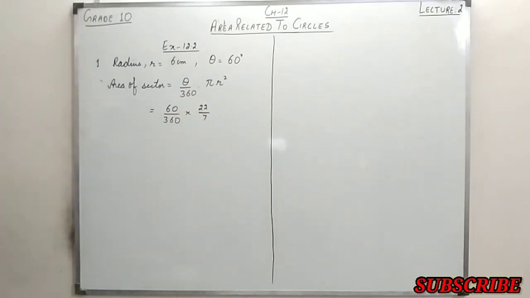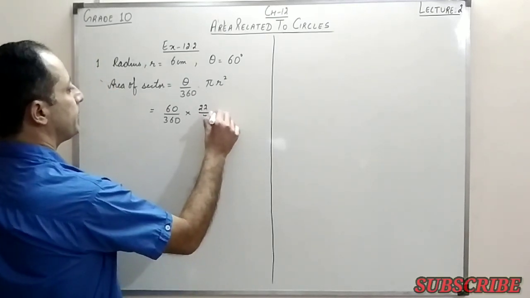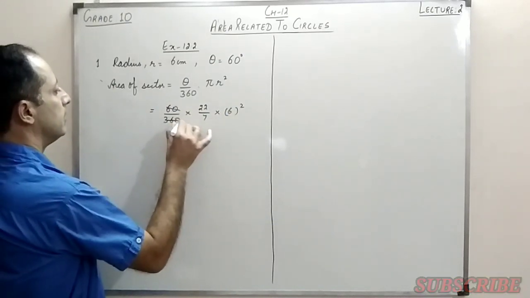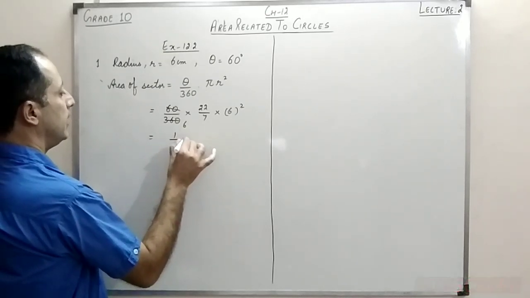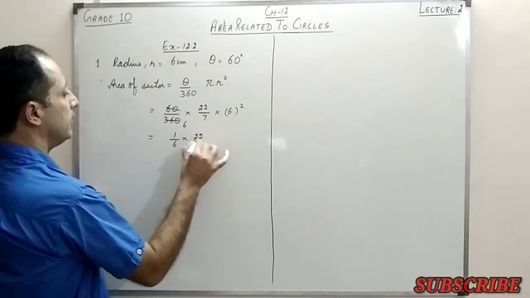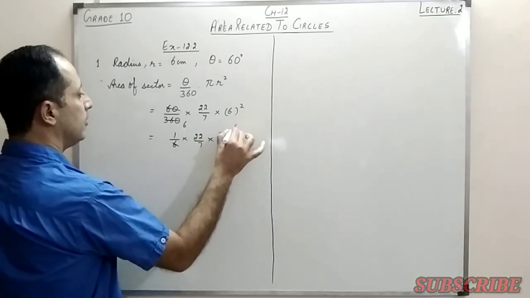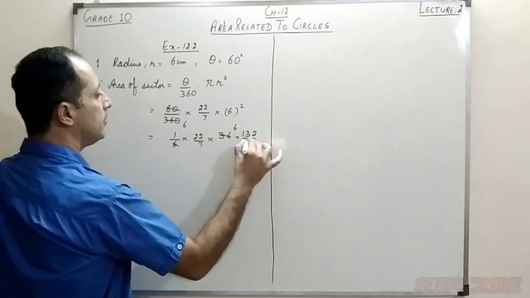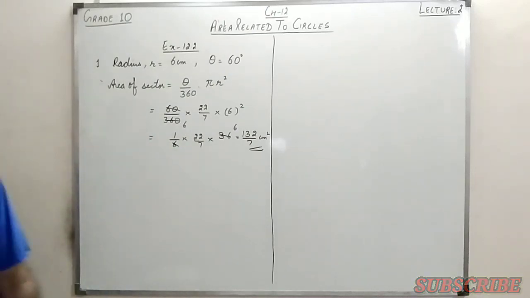If the value of pi is not mentioned, we have to take 22 by 7, into 6 whole square. Now this cancels, so this is 1 by 6 into 22 by 7 into 36. This again cancels, so we have 132 upon 7 centimeter square, right? So this is how we can do the first question.